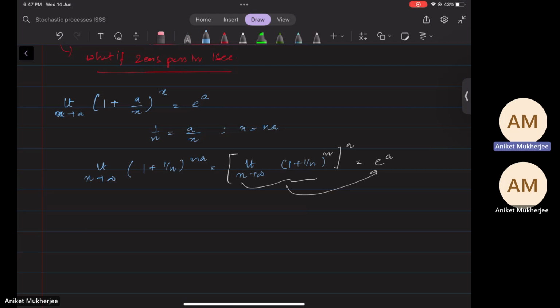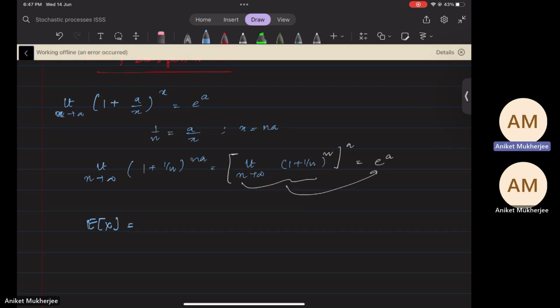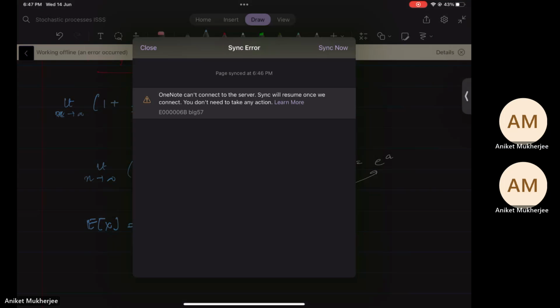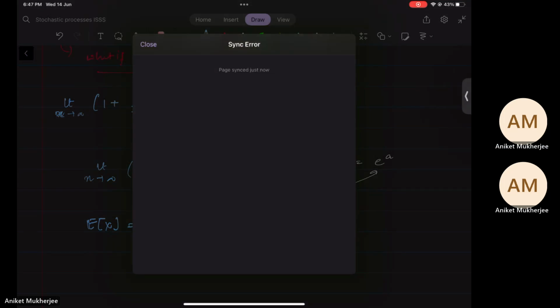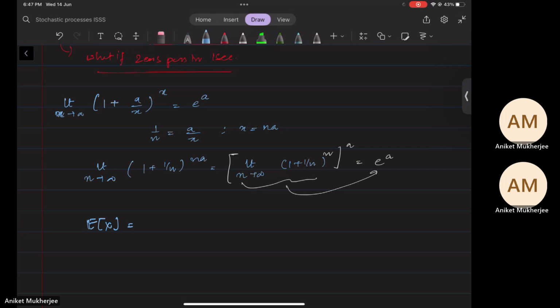Okay, so next, what we want is the expectation of X. We want to model the process under the assumption that there is a constant rate at which the cars are going, but they are random. So at every interval of time that you see, you want your expectation to be equal to the rate at which you see the process.